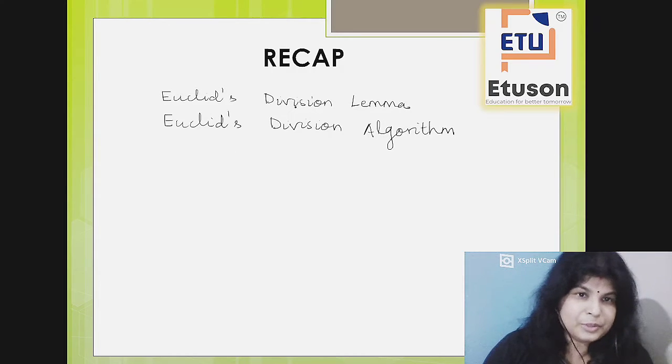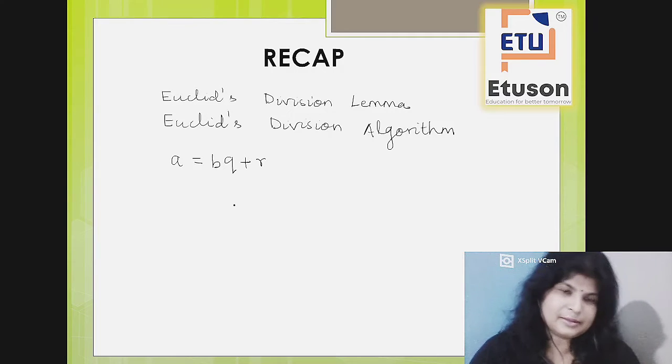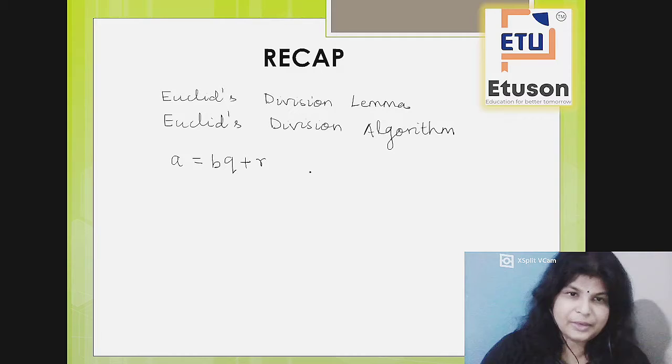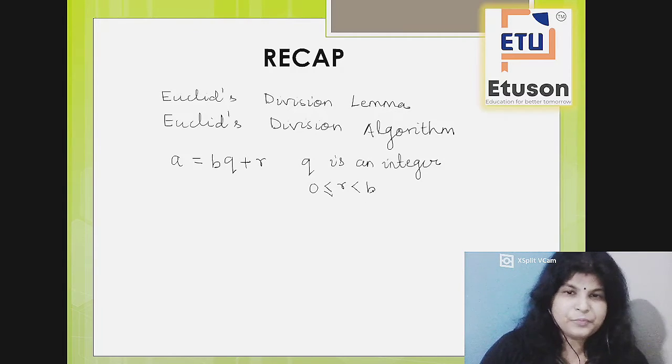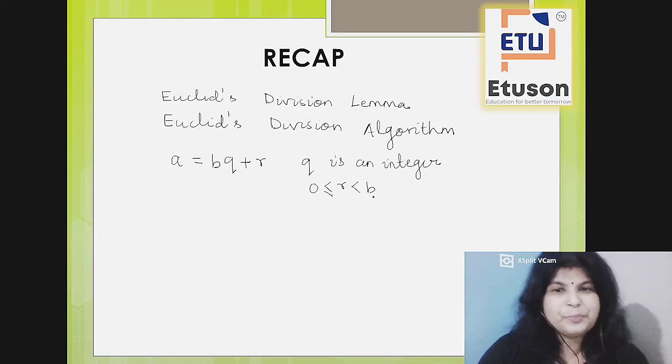Basically, in Euclid's division method, we express one positive integer a as the product of two integers, b and q, with another integer r added to it, where q is a positive integer and r lies between 0 and b. That means the remainder can be equal to 0, but it should be less than b.